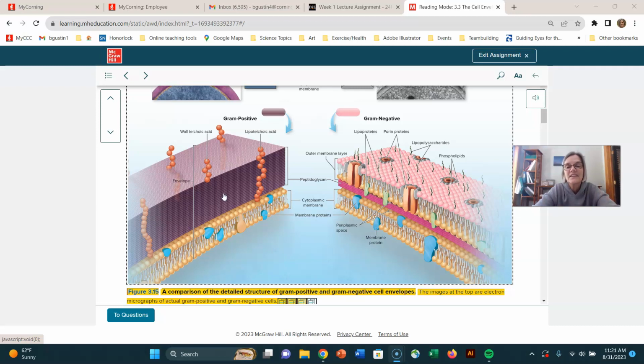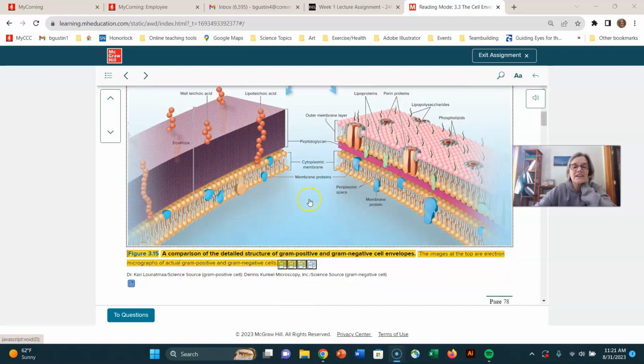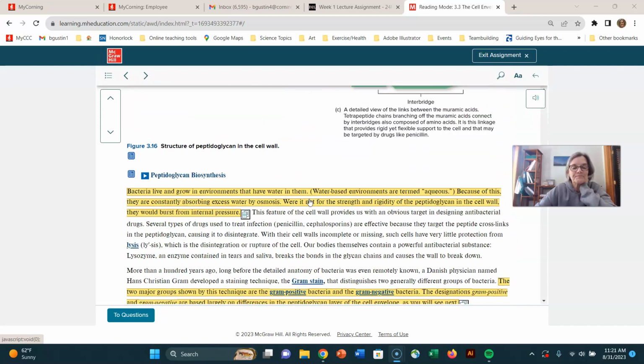Penicillin can kill it. So our gram-negatives have a thin peptidoglycan, stain red with the gram stain, have an outer membrane with LPS, and are more naturally resistant to penicillin. Okay, so if you get your gram-positive and your gram-negative straight there, you'll be in good shape.